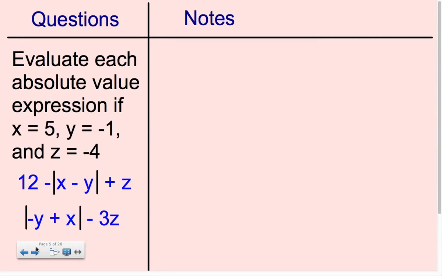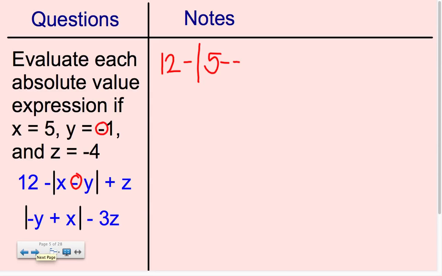And the last one, this time x equals 5, y equals negative 1, and z equals negative 4. 12 minus x minus y would be 5 minus, because of this minus, but also you'll notice I have a negative 1.